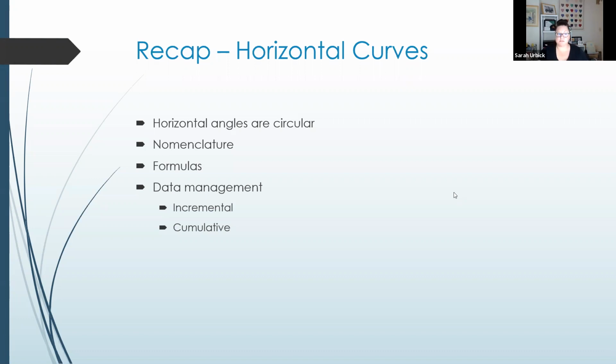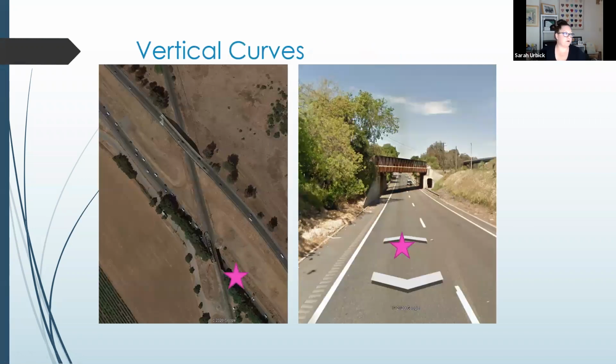We're going to switch topics, kind of, sort of, switching gears. Instead of going horizontally, we're going to go vertically now, right? The thing to know about vertical curves. So this is an aerial view of Highway 99 where the Union Pacific Railroad line crosses. It's right about at the Cosumnes River.